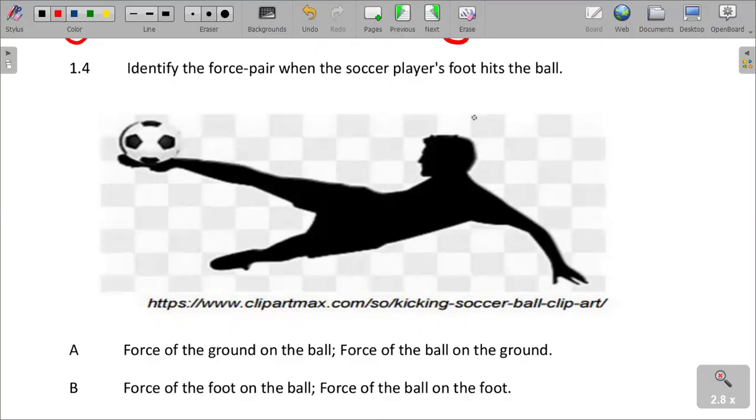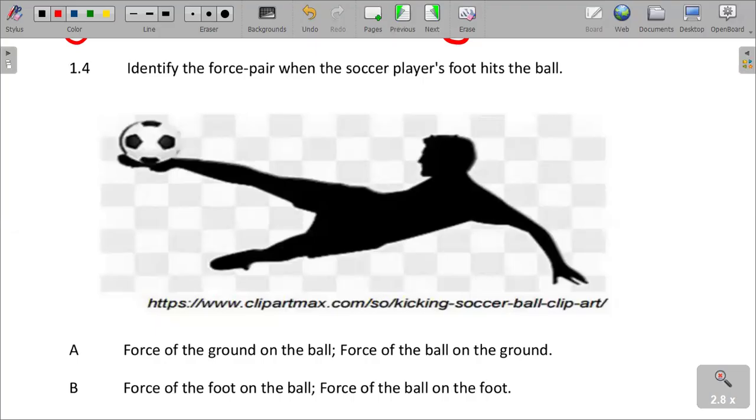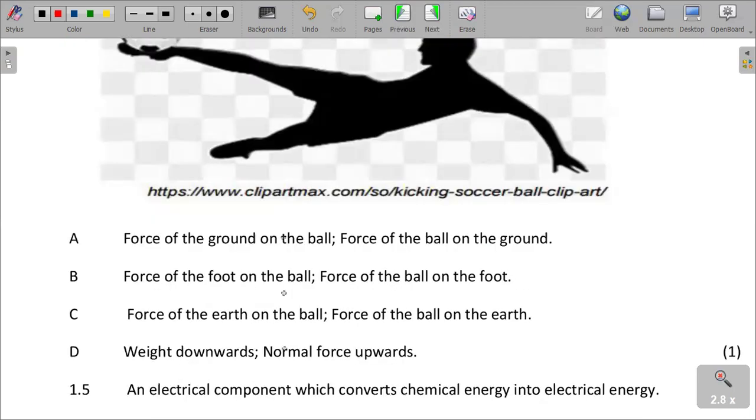So it must be the force coming from the man's foot and also the force of the ball on the foot, which can actually be defined by the actual forces. There must be force of the man's foot on the ball and also the force of the ball on the foot.